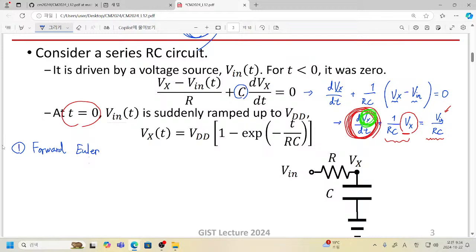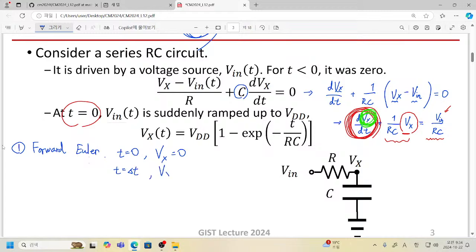Then I know that previously it was, for example, at t equals 0, Vx given as just 0, and now I will consider the very first time step, t equal to 1 times delta t.